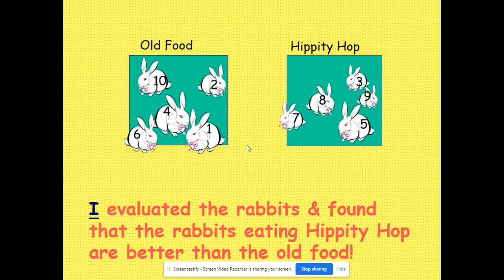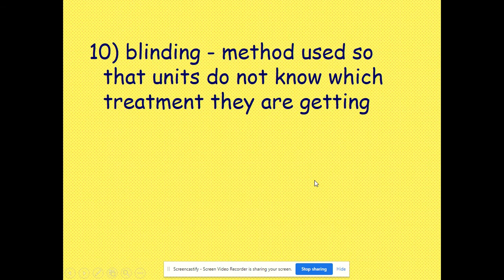So what's the next word we're coming to? Blinding. That doesn't mean you really make somebody blind, but it's the idea that you don't know which is which. This happens a lot in actual research. It's beyond the extent of our class, but essentially if I were doing a study like this, I would bring my research to some group of people and say, I'm testing these rabbit foods against each other to see which one's better, and they have no idea which group is which.